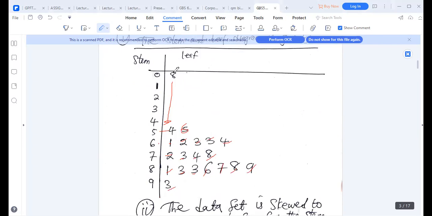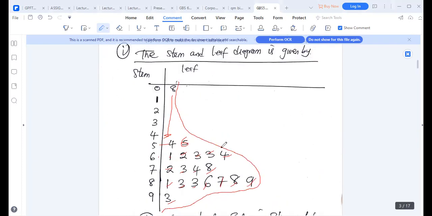So if we draw from here up to here, we would have to just know that the data set is skewed to where it is concentrated more. When the points are concentrated to the right, it means that it is skewed to the left. So from here, this data set is skewed to the left.